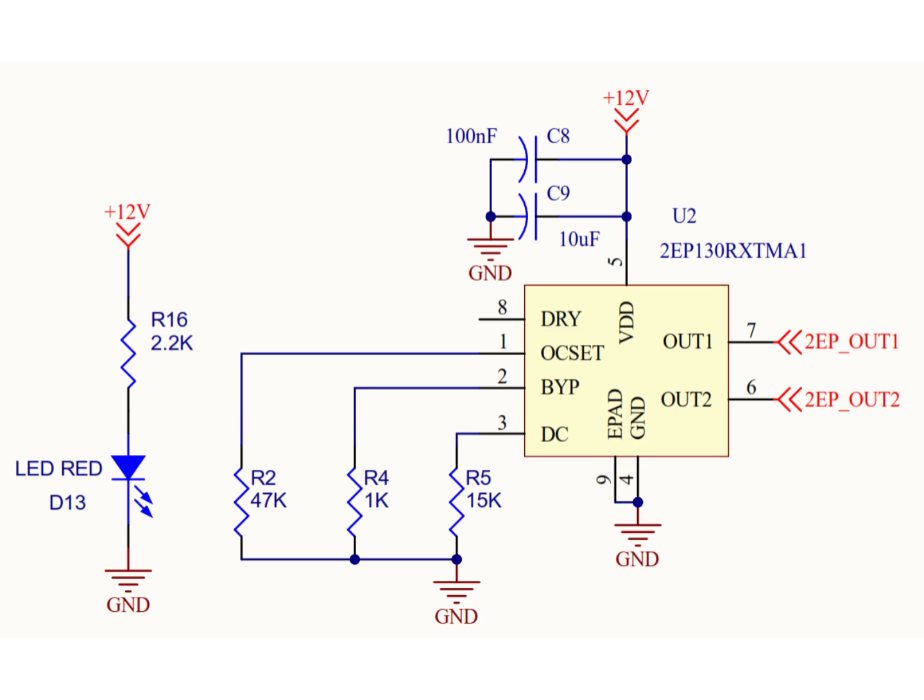The FREQ or BYP pin is used for frequency adjustment. By selecting the appropriate resistance on this pin, the operating frequency of the driver is set to match the characteristics of the isolation transformer. The DC pin is used for duty cycle adjustment.